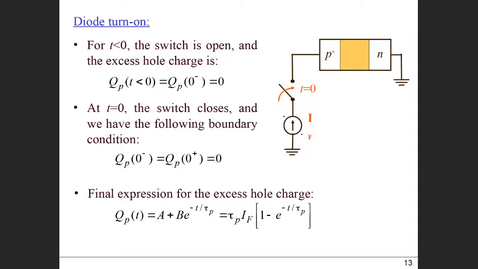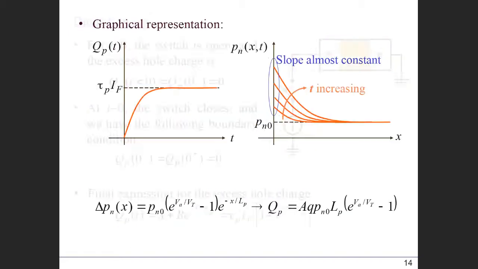Now, if you look at this equation carefully, at t equals 0, when we apply the IF, by applying this switch on in here, now in this N side, hole concentration increases with this equation. Okay. So if we plot that one, we're going to obtain something like this.